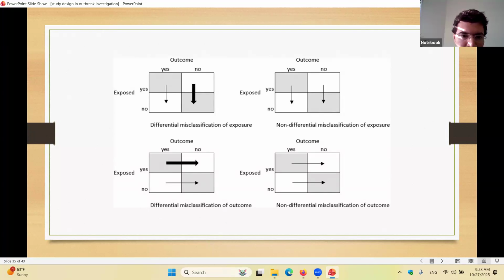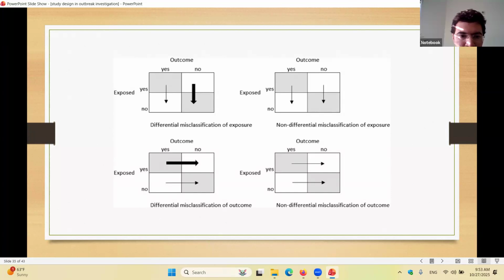About misclassification of outcome: it occurs when you consider a case as a control, or a disease case as a not case, or vice versa.